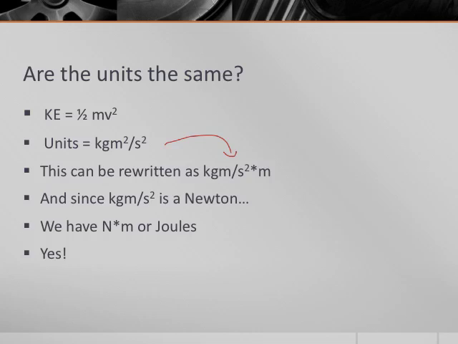If you remember those true-false questions, kilogram meter per second squared is also known as a newton, which means we technically have newtons times meters, or joules. So yes, the units are the same, joules or newton meters. You can write them either way.